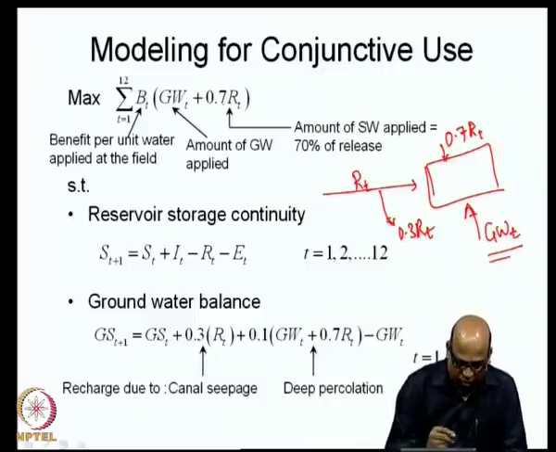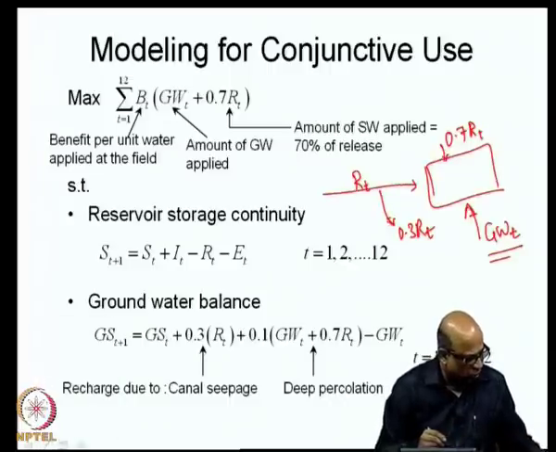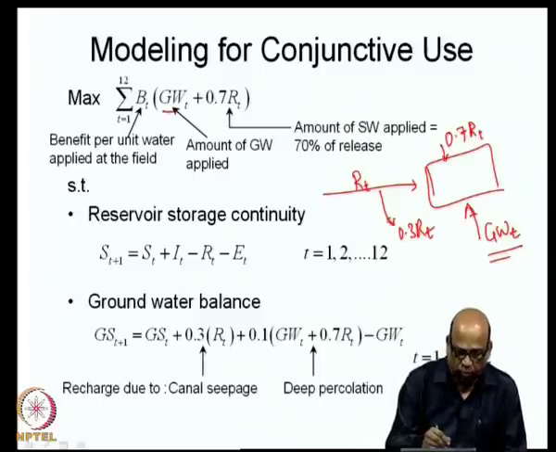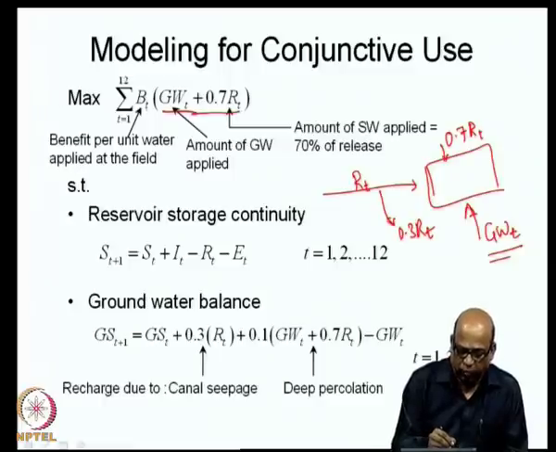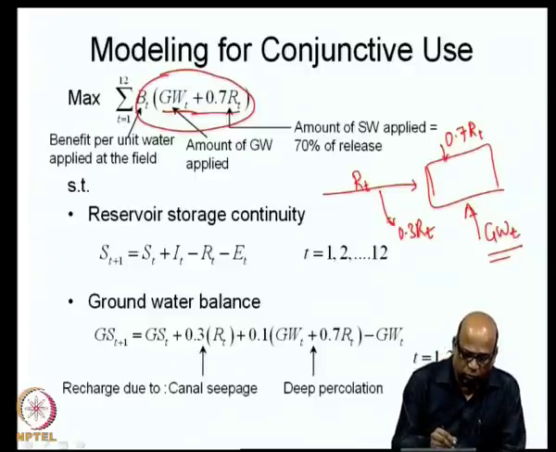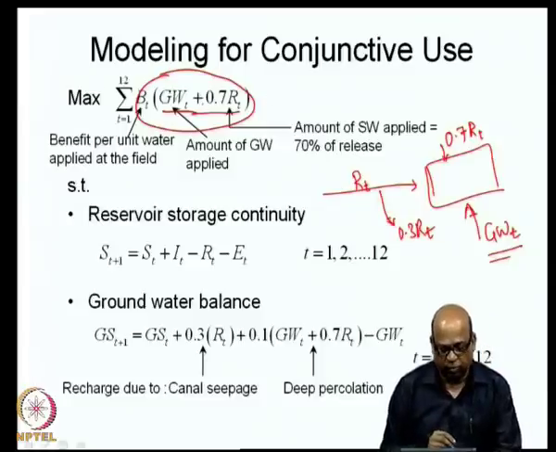So, this term here, GW_t plus 0.7 R_t, will indicate the total amount of water, and for every unit of water that you apply, you have a benefit of B_t. Therefore, this gives you the total benefit accruing out of the water application, and this we sum over t equal to 1 to 12. There are 12 time periods, and therefore, this gives you the total benefit across a year.